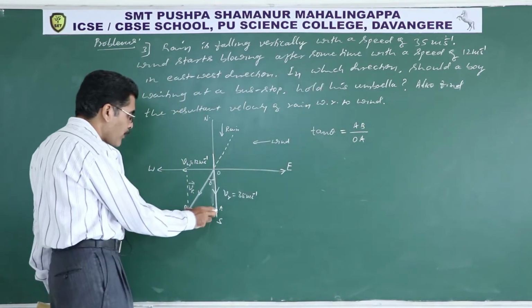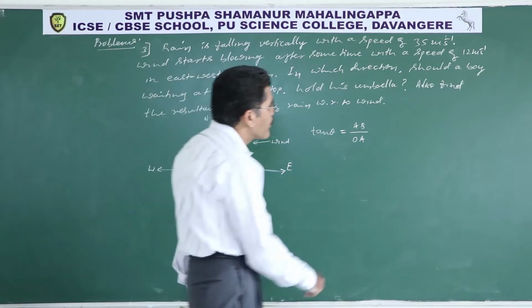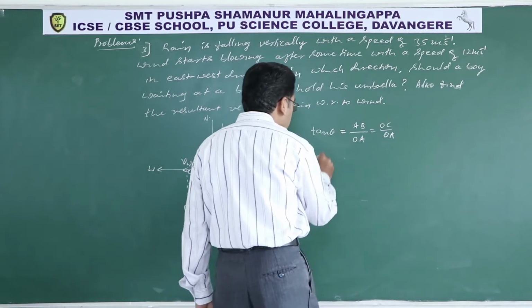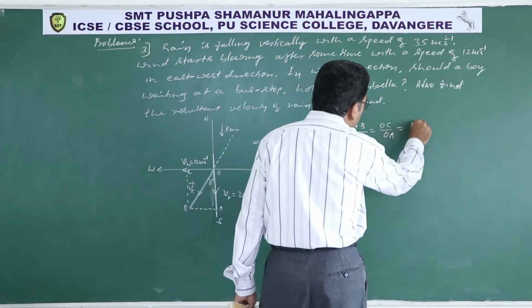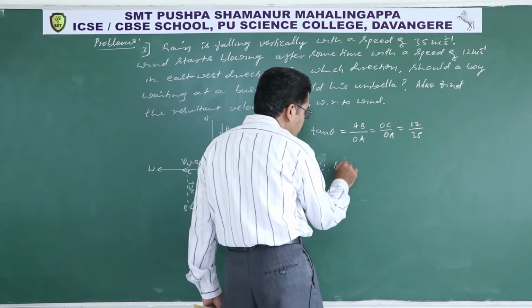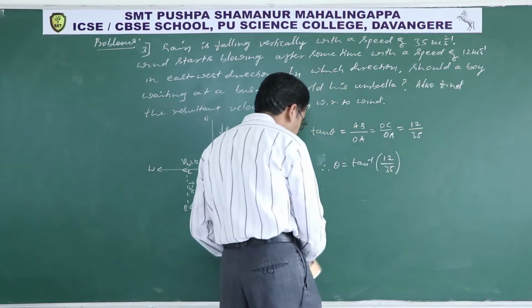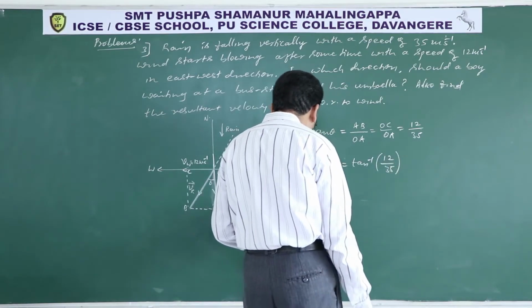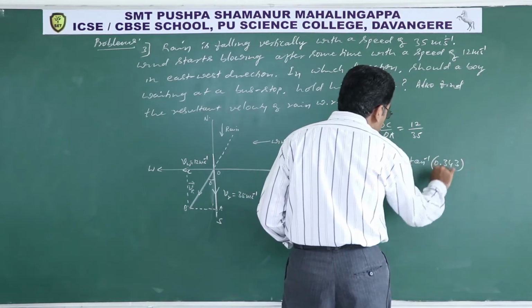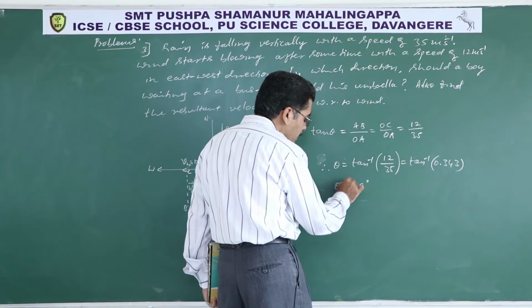But AB is equal to OC, which is 12, and OA is 35. So theta is equal to tan inverse of 12 by 35. On simplifying, tan inverse of 0.343. Using the trigonometric table, the angle is approximately 19 degree.